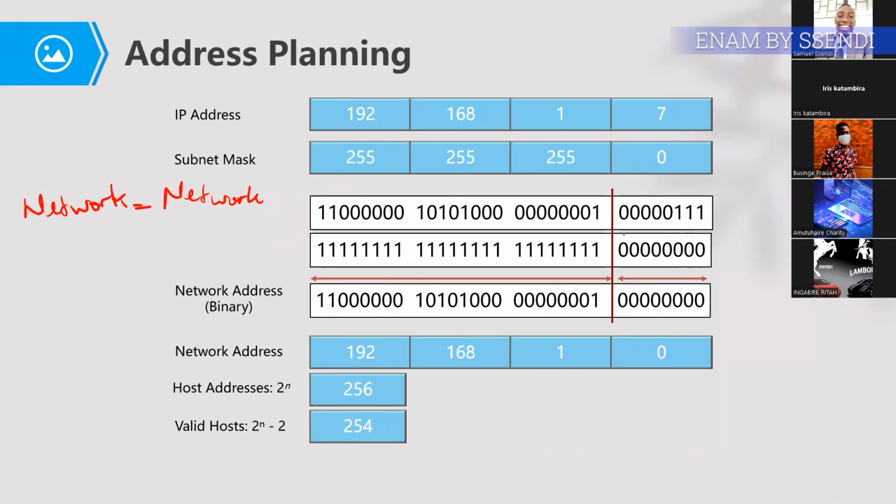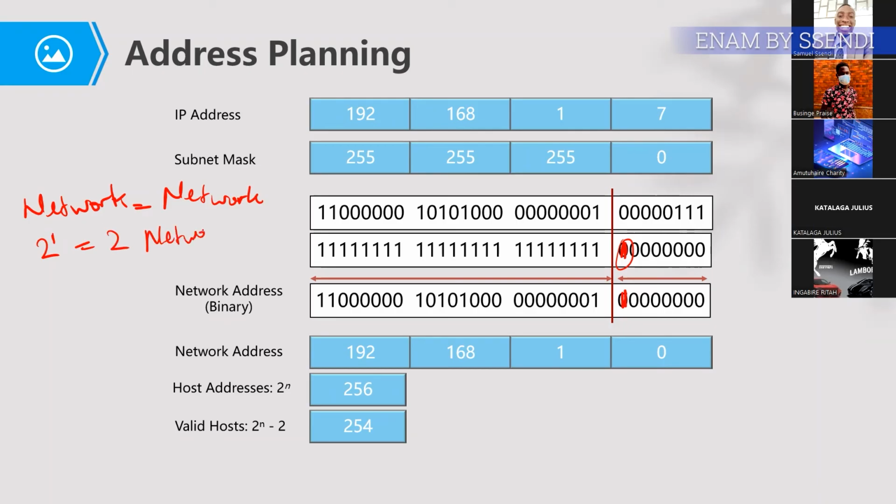If we had 1 bit here of networks, and it is 1, 1, 1, 1, and there's a 1 here, for us to know the number of networks that can be there, it is going to be 2 to power what? To power 1. And 2 to power 1 is equal to how many? 2. So we shall have 2 networks.